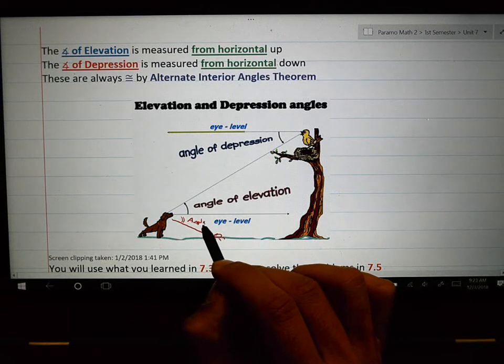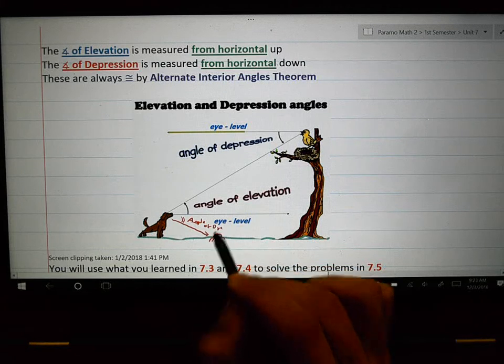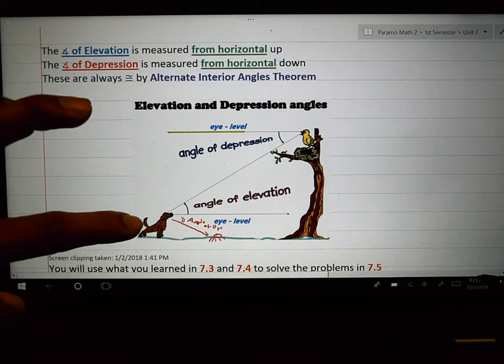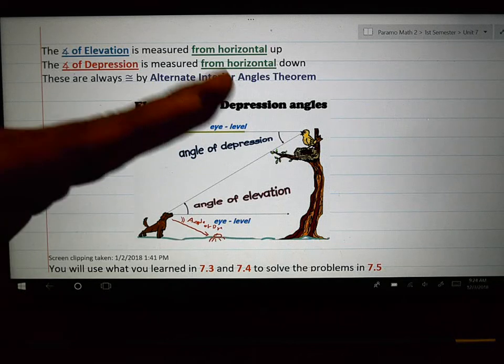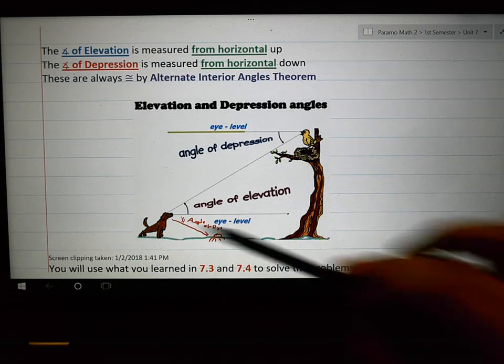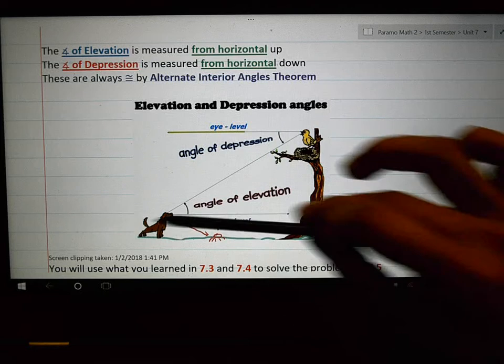So even though you see a shape that's sort of in the middle, when they look up, think of it as elevation. When they look down, it's the angle of depression, and it's always from horizontal.